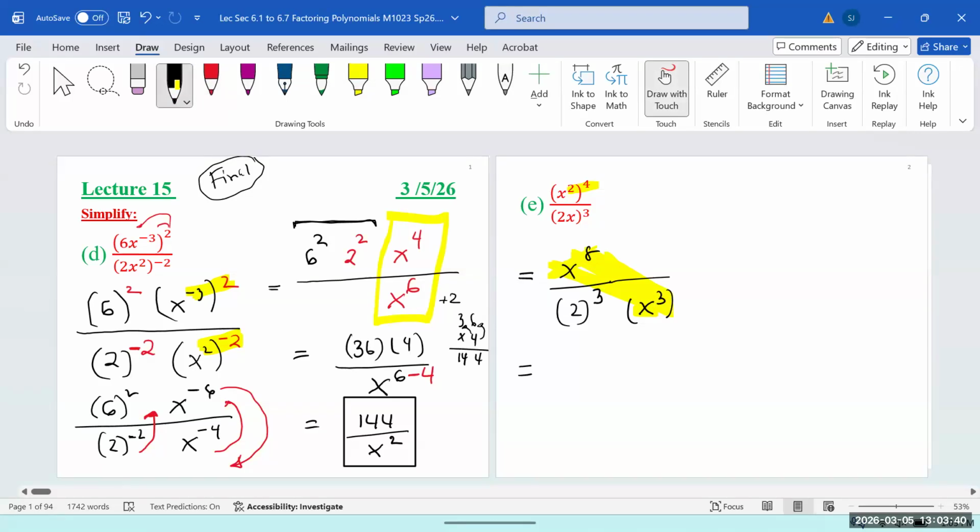X to the 8 is bigger, so it's going to stay in its position, and we are going to subtract the 3 from the denominator. So we get x to the 5 on the numerator. So on the denominator, we have 8. And we are done.